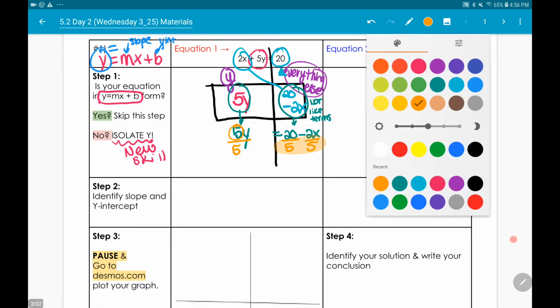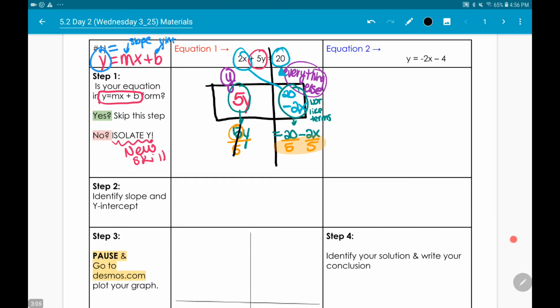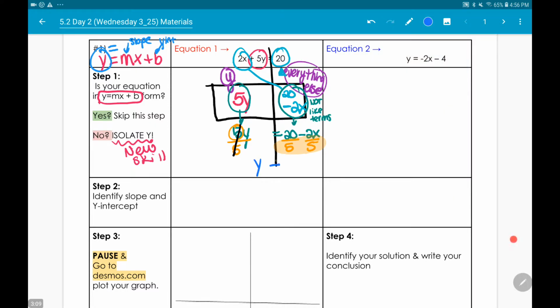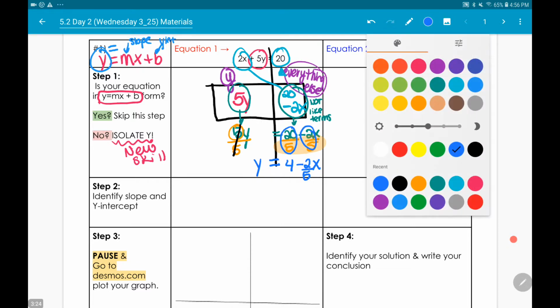That's the only thing that's a little different. So now my y's cancel out, the 5's cancel out, and I'm left with y equals, I calculate this, 20 divided by 5 is 4. 2 divided by 5 gets me a decimal, so like I've taught you before, we're just going to leave it as the fraction. Okay? So that's how we isolate.